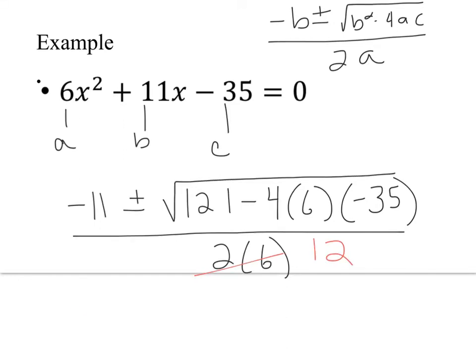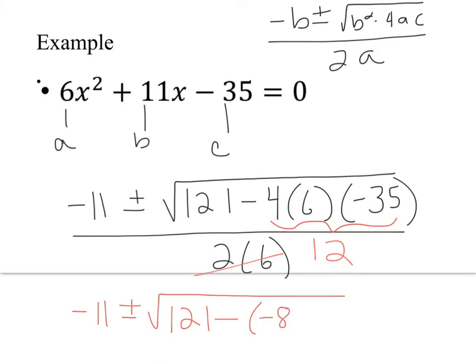Next step, negative 11 plus or minus the square root of 121 minus, and when I multiply these three terms together, I get negative 840, all over 12. So that's 121 plus 840, that's 961.